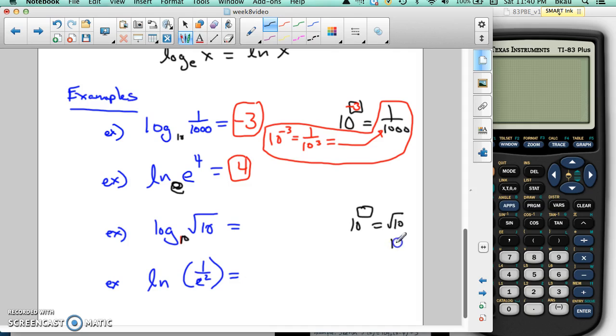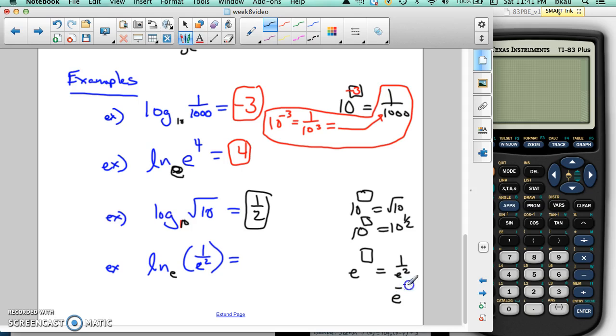We write this as a power instead of a square root: 10 to the 1/2. So the power has to be 1/2. This is base e, so we're looking at e to what power equals 1 over e squared. We rewrite this as e to the negative second equals e to what power? The power here is negative 2, to make them the same powers.